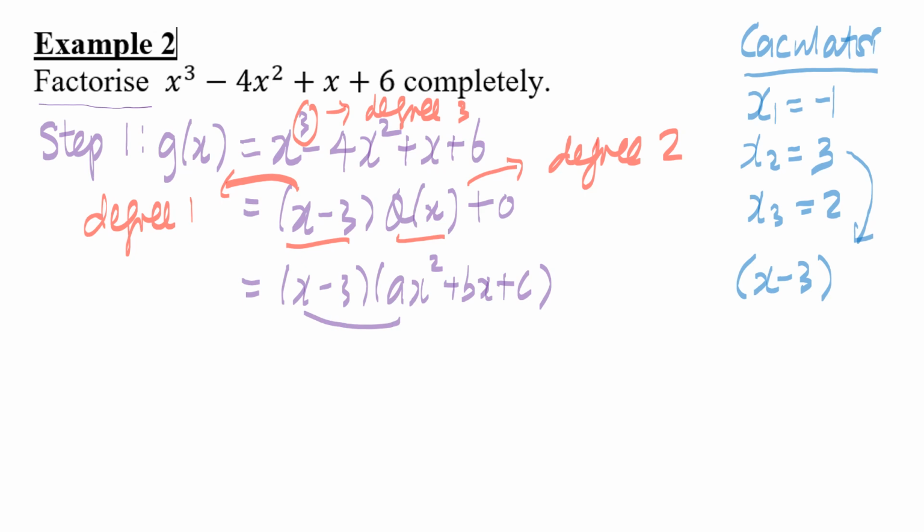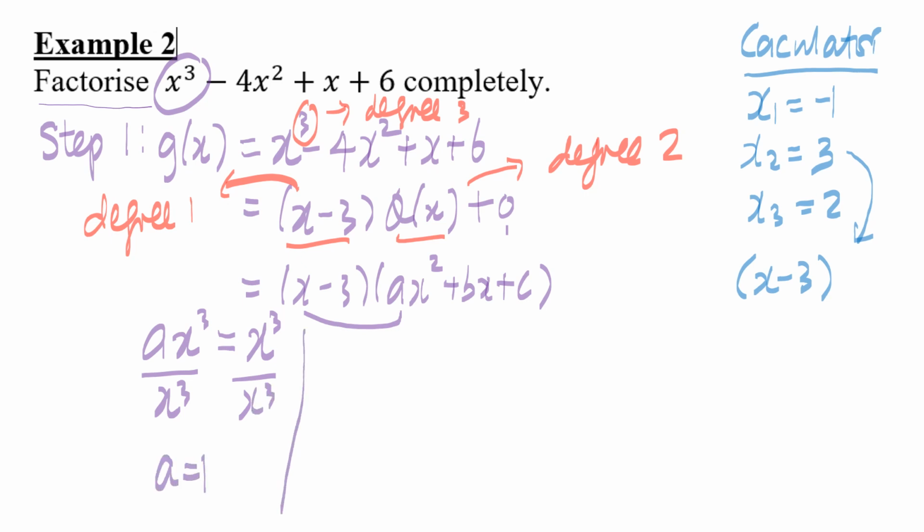So you just take the first term of your divisor, multiply with the first term of your quotient. That will give you ax cubed. And this is equal to the first term in your cubic polynomial, which is x cubed here. Right, and then you just divide by x cubed on both sides, you will get a equals 1. Okay, so we have done it for the constant a.